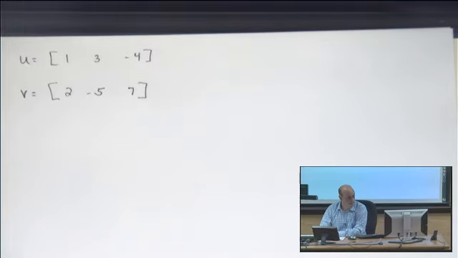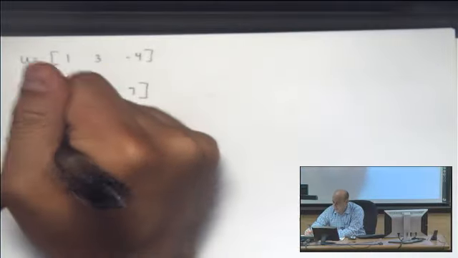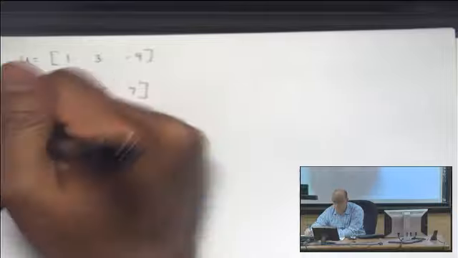So here I had my two vectors, u and v, and u was 3 elements and v was 3 elements. If I wanted to do multiplication, when you multiply two vectors, the first one has to be a row vector and the second one has to be a column vector, and then you'll get a scalar.